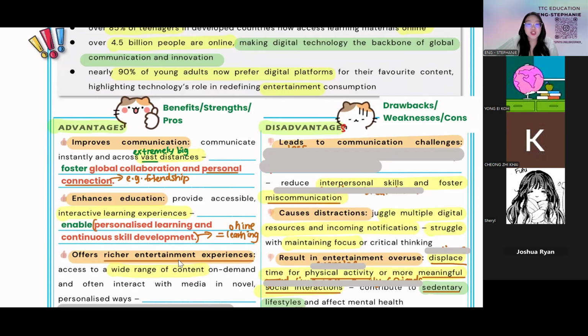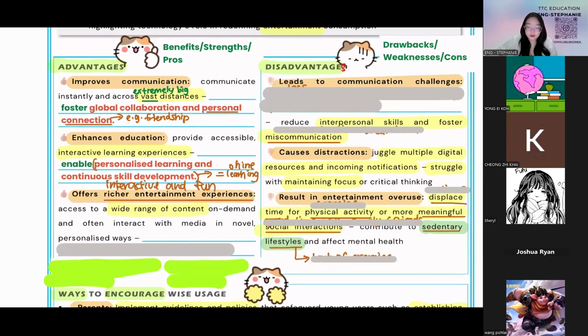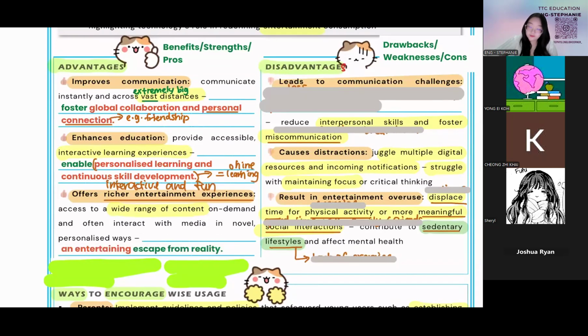When you talk about richer entertainment experience, in other words, you are just saying that the experience will be more interactive and fun. This is your information: it is an entertaining escape from reality.